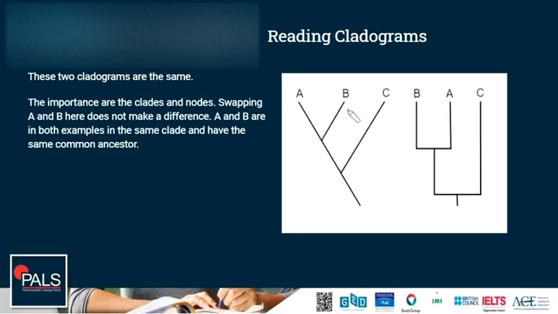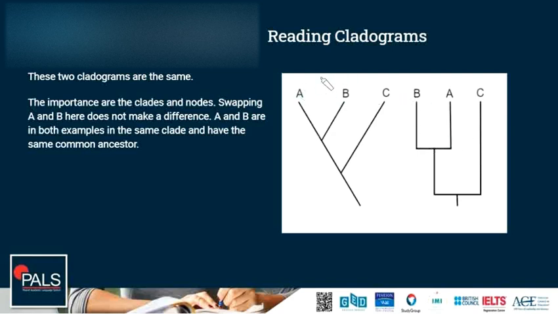It is important when reading or constructing cladograms to understand that we can swap groups around as long as they connect to the same nodes. These two cladograms we see on the right here are the same. We can see that they're different in how we draw the lines, but that doesn't really matter.